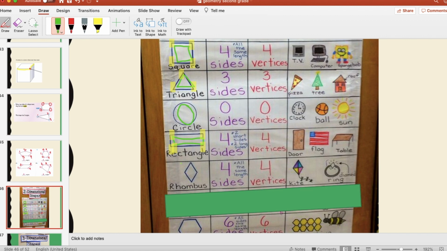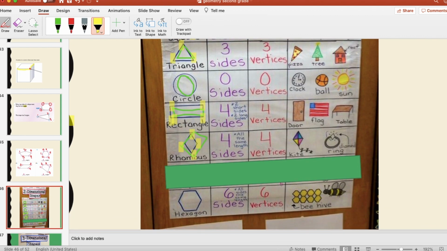One common thing that it shares with the square is that all of its sides are the same length, just like the square. So as you can see, it has 1, 2, 3, and 4 sides. And it also has 4 vertices: 1, 2, 3, and 4. Some things that look like a rhombus are a kite, and in some diamond rings, the diamond can be in the shape of a rhombus as well.